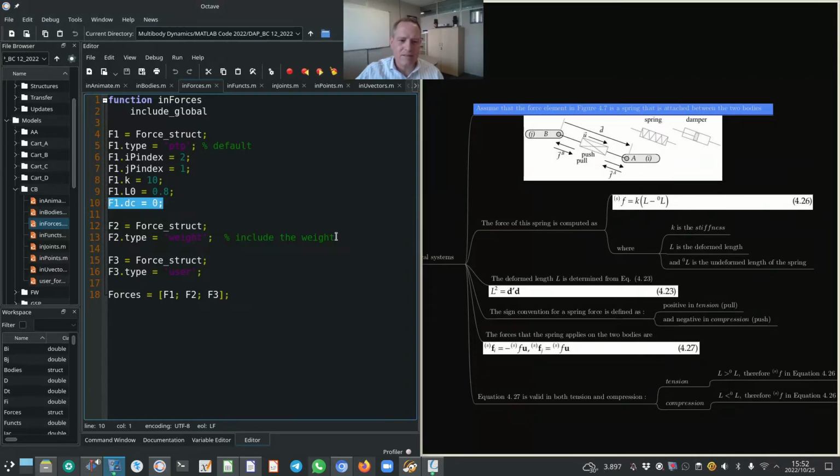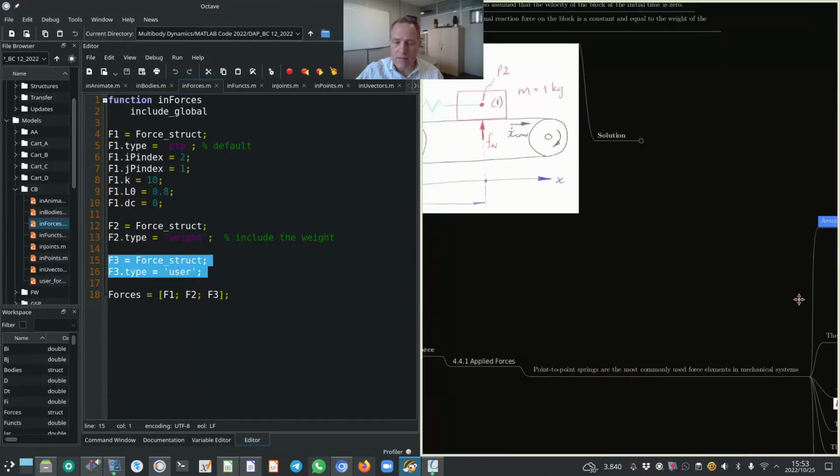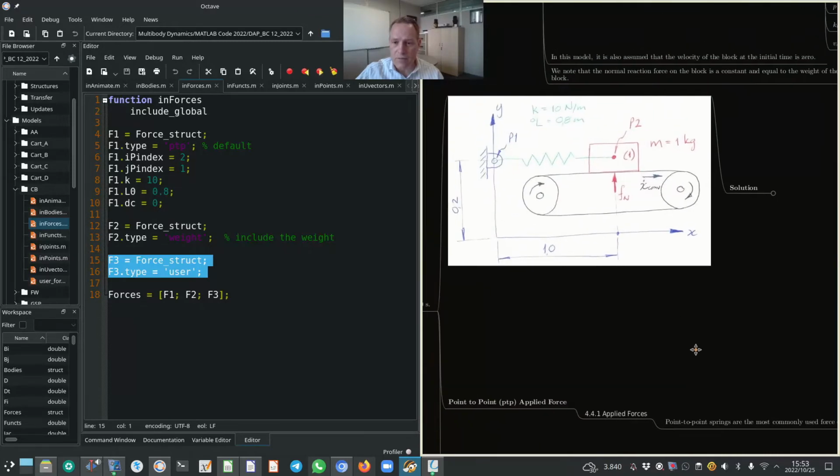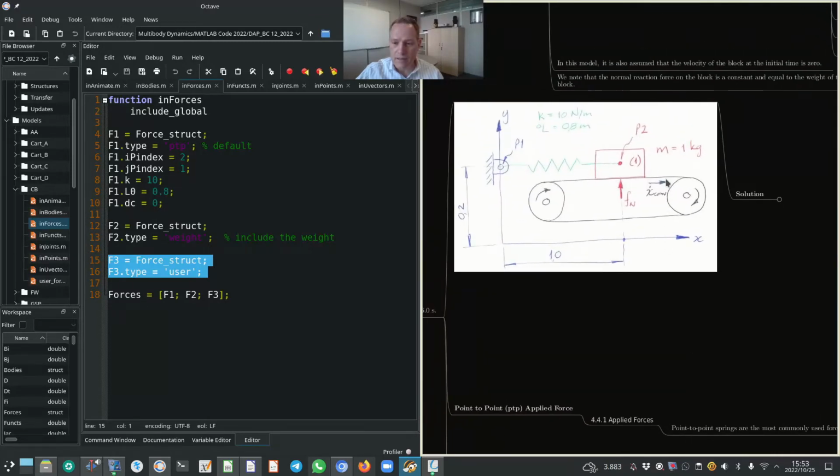Okay, so F2, our force F2, is weight. We've spoken about weight in all of our previous application examples, so nothing new there. And then F3 is a user function, a user force, and that relates now to our friction force between the block and the conveyor.